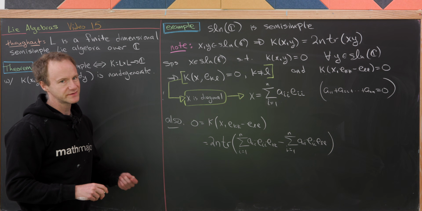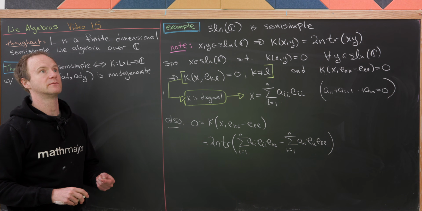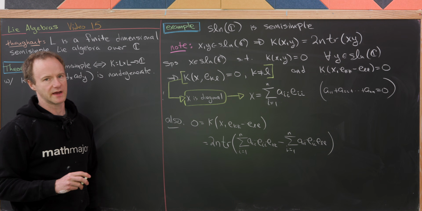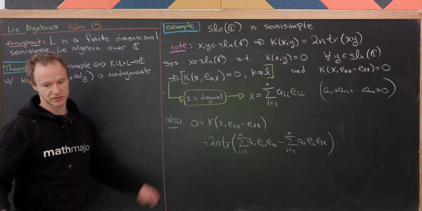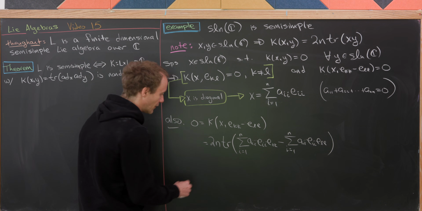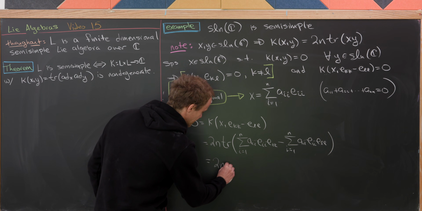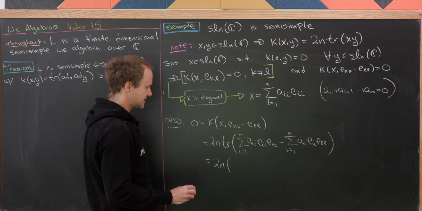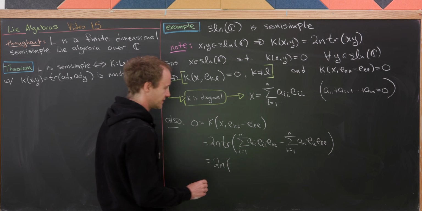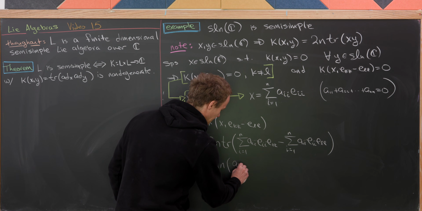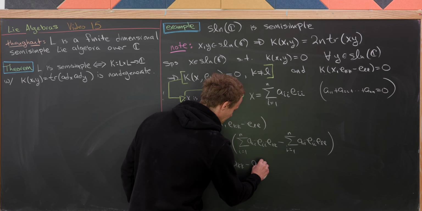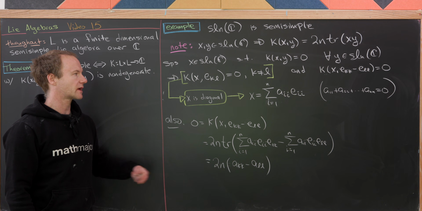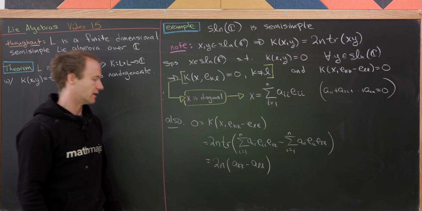But now we'll use this same product that we did before for the rules for multiplying these basis matrices, if you will. And what this is going to end up giving us is 2n times a_kk minus a_ll. So that's going to be true for all k not equal to l.